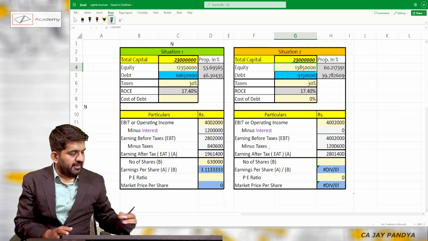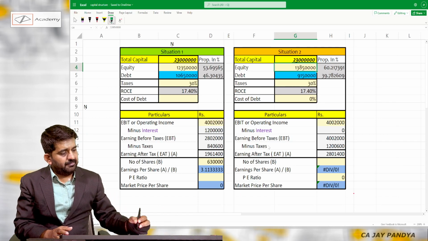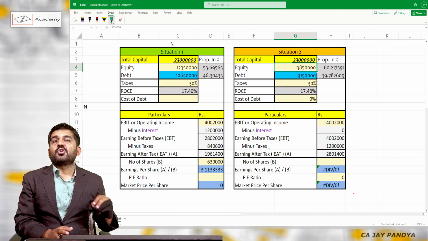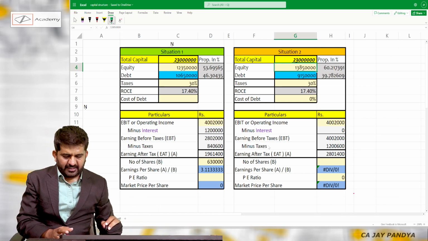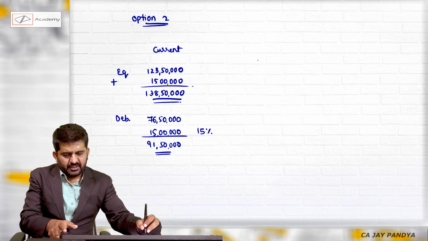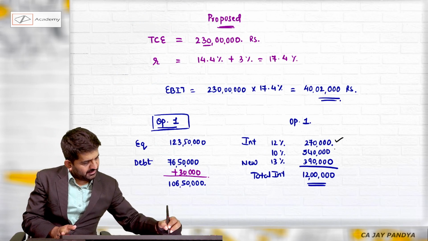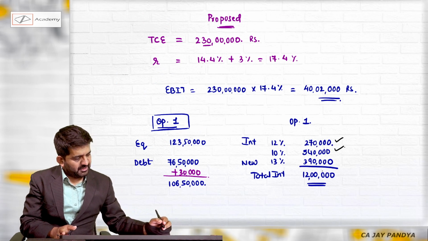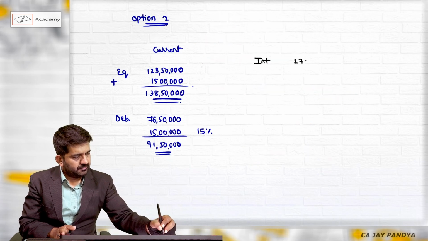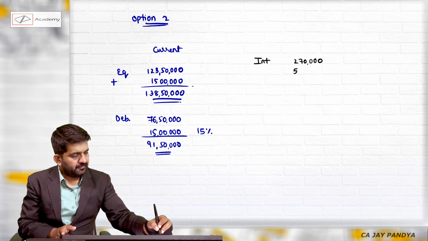ROCE is remaining same, so my EBIT will remain same. Taxes are 30%. Cost of debt, interest I'll have to find out separately. Interest in this particular case will be, I will be paying this interest, this interest. So 2,70,000 plus 5,40,000 will remain same.